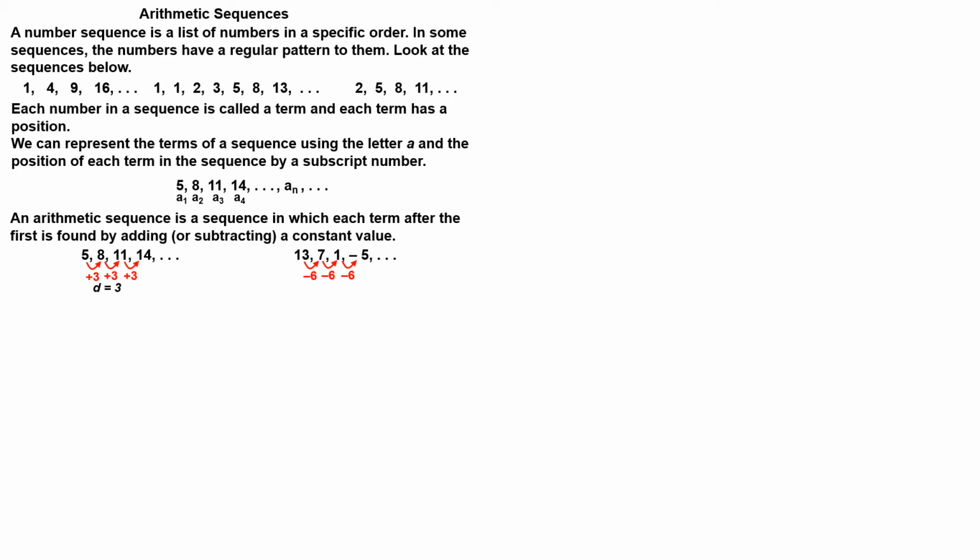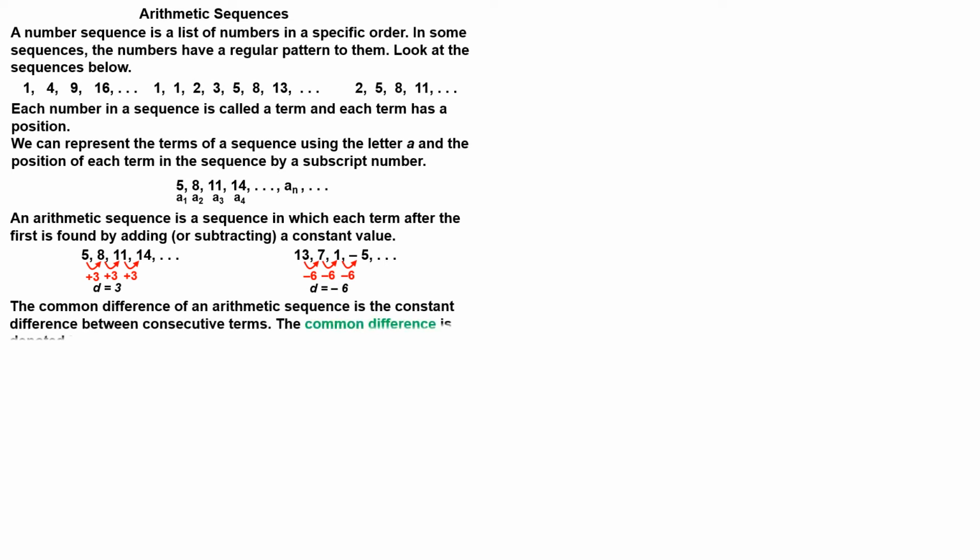We can state that the common difference is -6, since the difference between consecutive terms is always -6. The common difference of an arithmetic sequence is the constant difference between consecutive terms. The common difference is denoted by d.